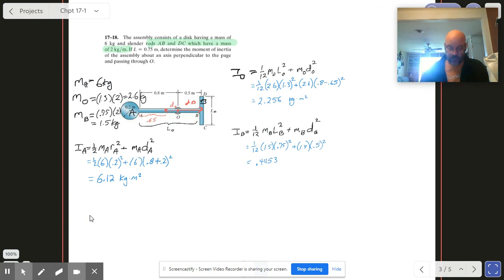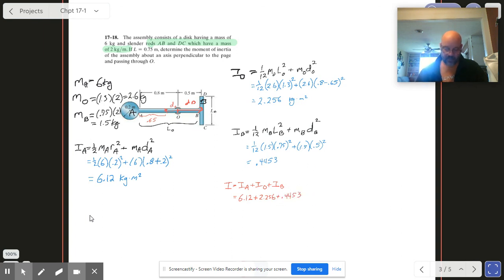The total moment of inertia, we just need to add all these things up. So we're going to have I sub A plus I for the center rod plus I for the end rod. So we got 6.12 plus 2.256, and then finally 0.4453.